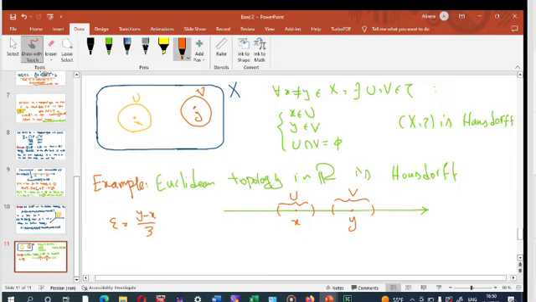Then we can consider these two: x minus epsilon and x plus epsilon, y minus epsilon and y plus epsilon.